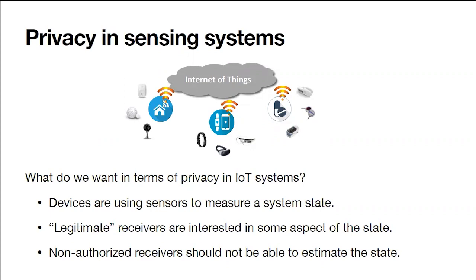So if you think about smart home metering, you don't actually need to know the load on the circuit at a millisecond resolution. That's not what the legitimate user necessarily needs to know. But a non-legitimate user might want to estimate the state, or might want to estimate events that are happening in the network. So that's the kind of question that we're looking at.